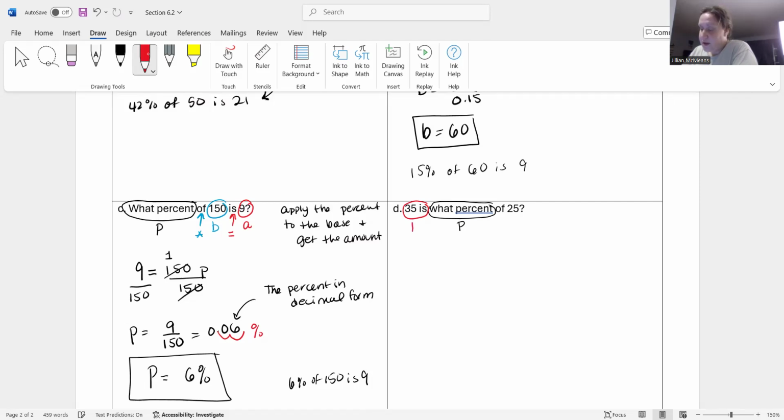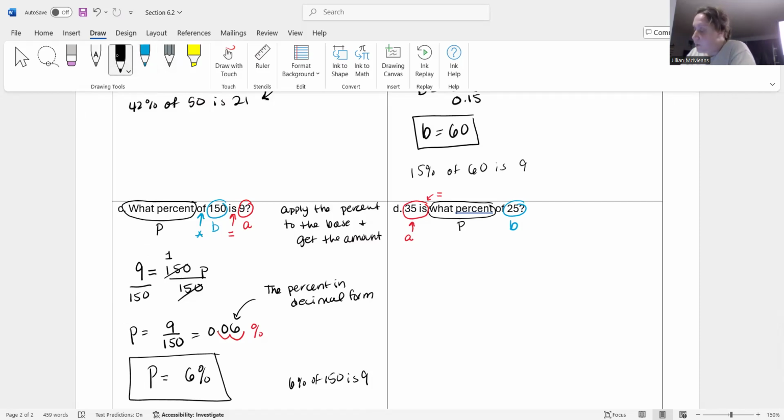So that tells me that this right here is my amount because is, we know, generally means equals. So we're saying 35 equals some percent of 25. So this of 25, that is my base. So I can see from this statement that I'm applying my percent to my base of 25, and the result is going to be 35.